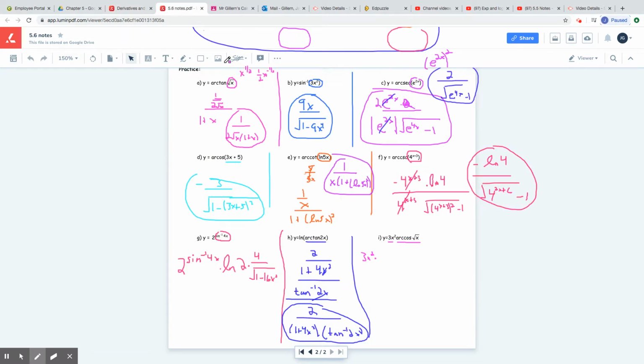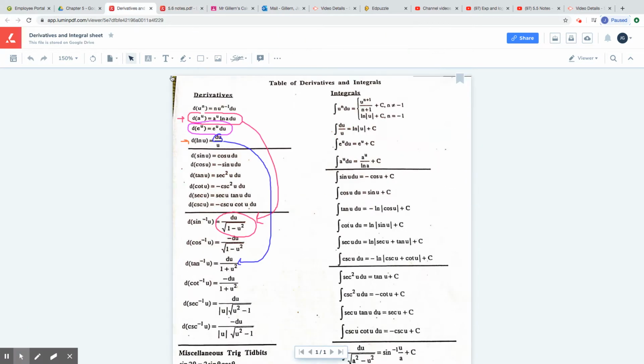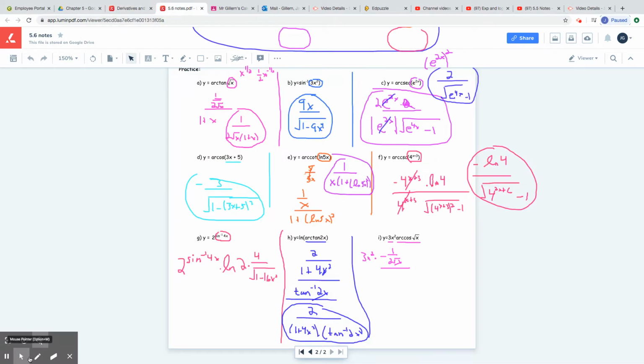So negative, the derivative of square root of x is 1 over 2 root x, over the square root of 1 minus that squared, which is x, plus the second, which is cosine inverse of square root of x, times the derivative of the first, which is 9x.